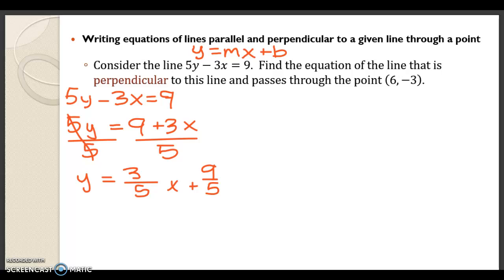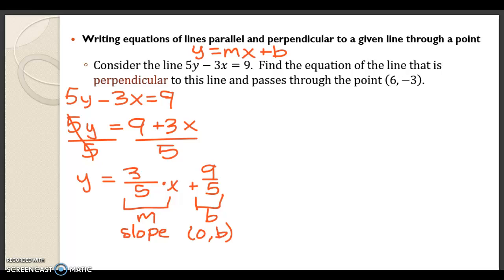Well, the 9 and the 3x are both being divided by 5, and I wanted m to be out in front of this x. So this is my m, or my slope, and this happens to be b, the y value for my y-intercept.